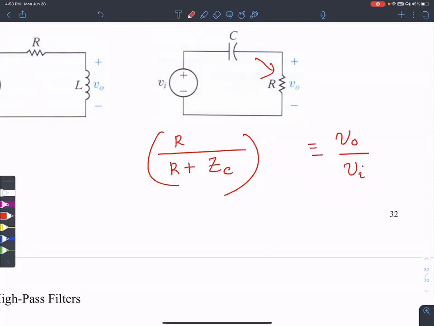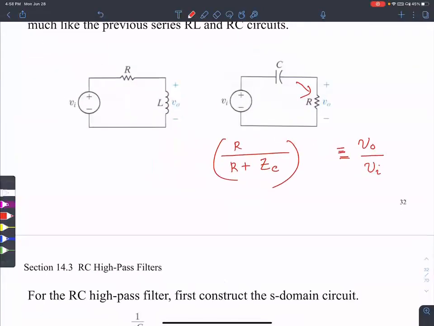That's the definition of a transfer function, right? Output over input. The same thing here. V output over V input is ZL by ZL plus R. So the output here is the voltage division, right?